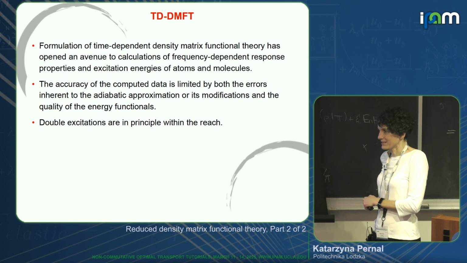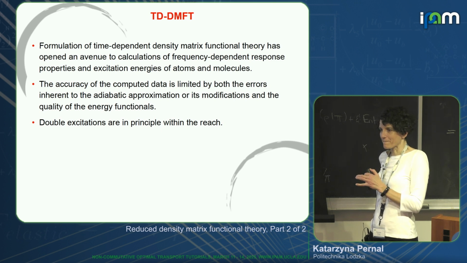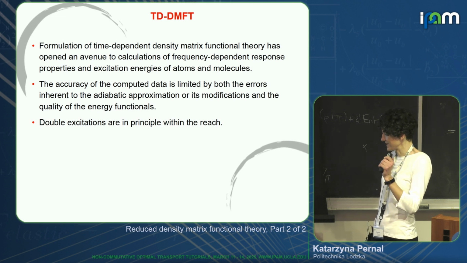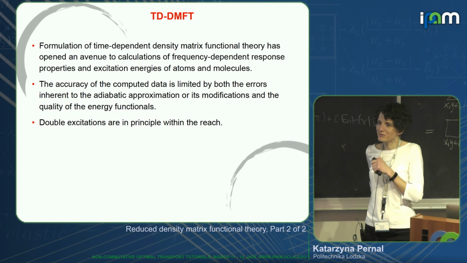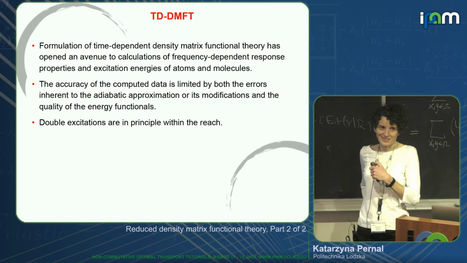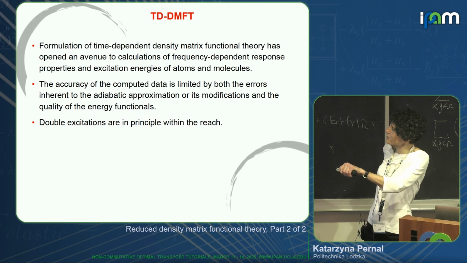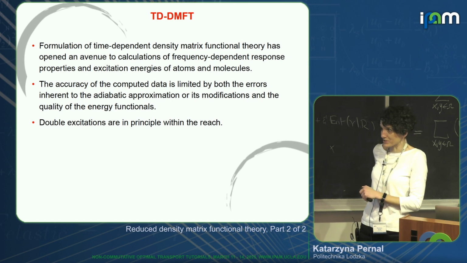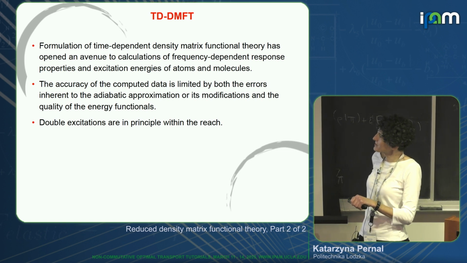And we already know that even with the exact functional, the accuracy maybe wouldn't be the greatest, although we should keep in mind that for real molecules, usually we don't have pure doubly excited states. So what I want to say is that probably the bigger problem is with the functionals than with the adiabatic approximation. This is a more severe problem, the inaccuracy of the stationary functionals.